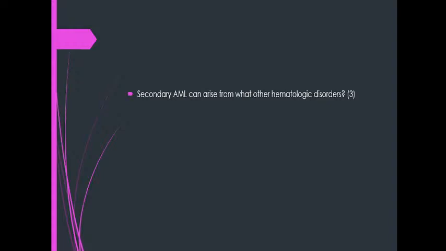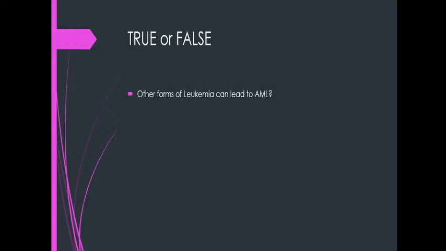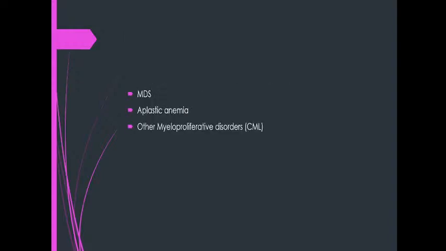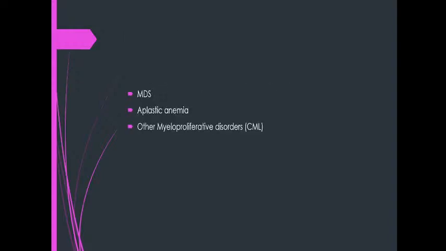Well, we have aplastic anemia, MDS, and myeloproliferative disorders, such as those of CML. So, pwede siya maging CML, pwede din siya manggaling from CML. Nagets nyo? So, AML can arise from CML as a secondary condition, yes. This time, it can also be secondary AML from CML.